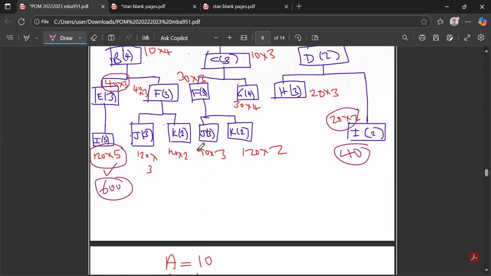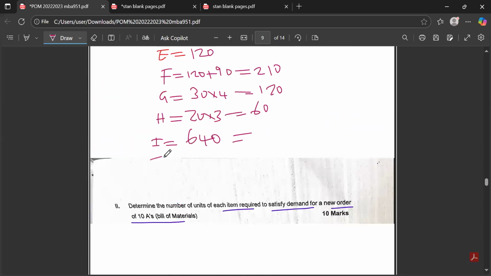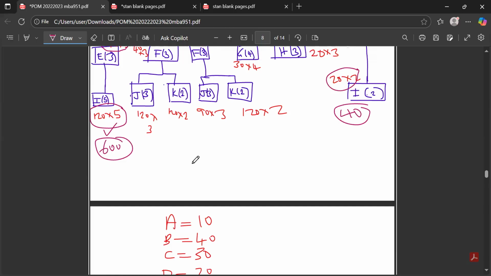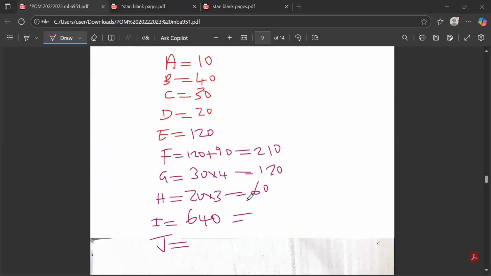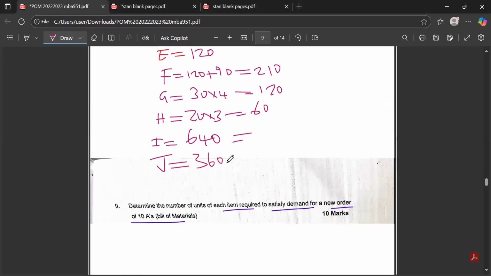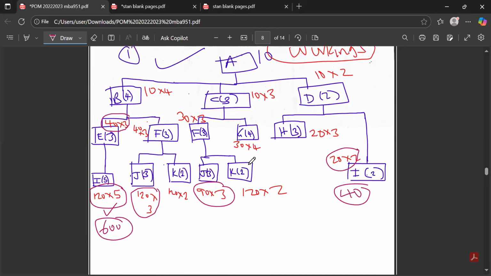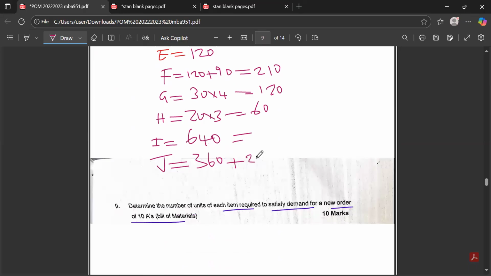Okay, so J is the last one. Our J, we combine the J, 120 by 3 and 90 by 3. 120 by 3, coming from F, that is 360, plus 90 by 3, which is giving us 270.